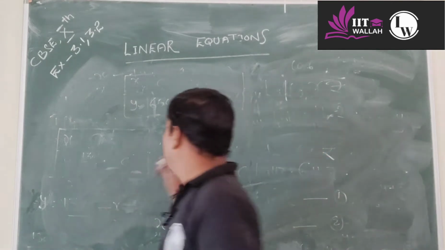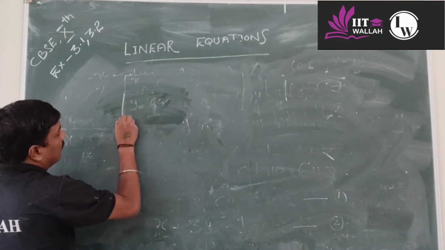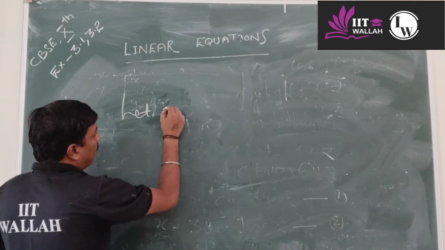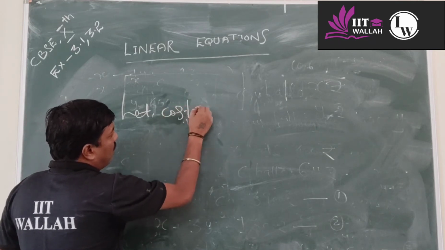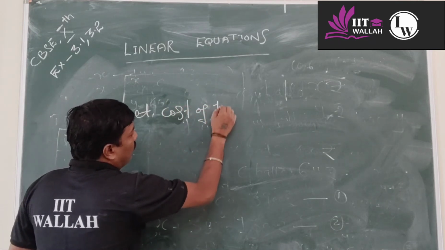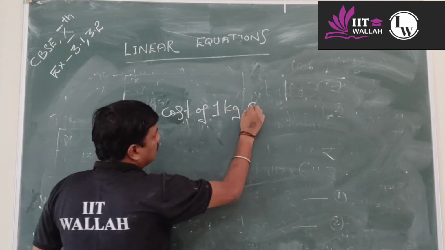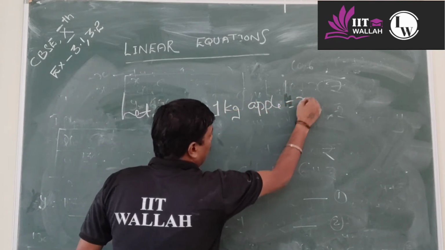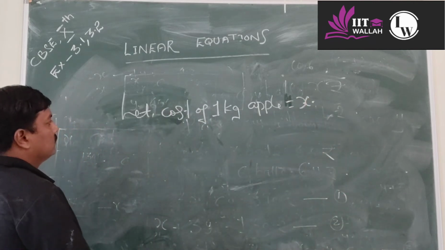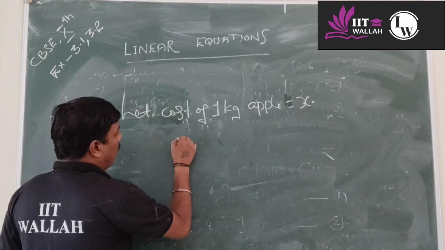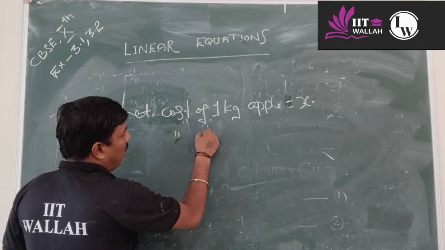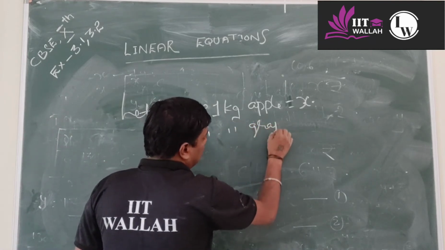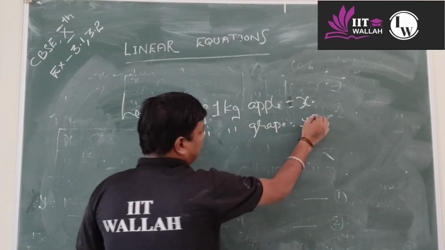Okay. So first step is, let cost of 1 kilogram apple is equal to x and cost of 1 kilogram grape is equal to y.